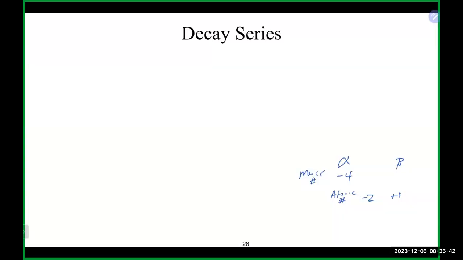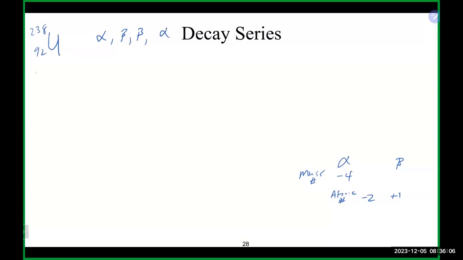Let's just say, for example, we started with uranium 238, that's 92, and we'll do a very short decay pattern here. It went through alpha, beta, beta, and then alpha. One approach is to write the equations.